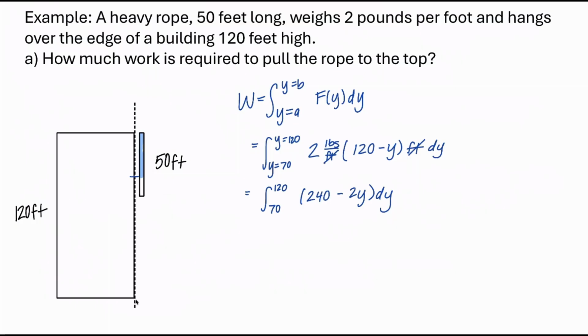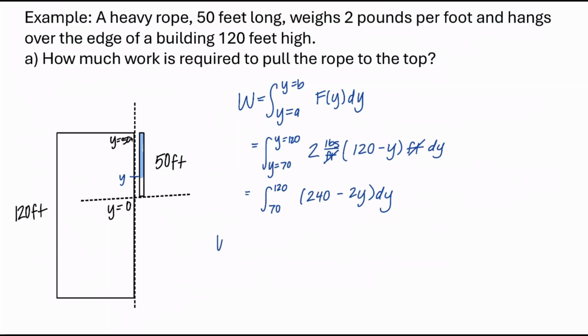Now our limits of integration would extend from 0 to 50. So I'd have y equals 0 to y equals 50 as my limits of integration. And then again, there's that generic y value between 0 and 50.